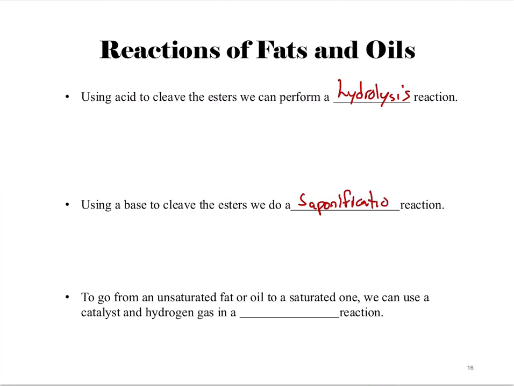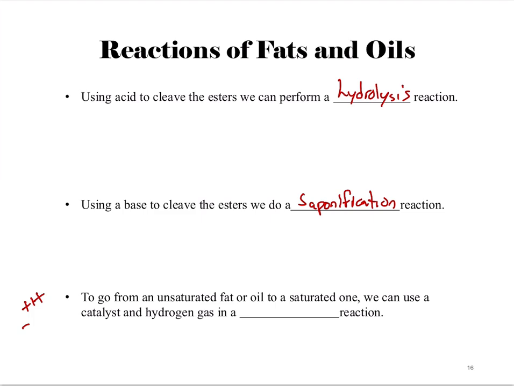And then we can bring back another reaction, all the way back from alkenes. We can go from an unsaturated fatty acid to a saturated one through a reaction. If we're going from unsaturated to saturated, what are we eliminating and what are we adding to the molecule? Yep, we're adding hydrogens. It wouldn't be oxygen, right?